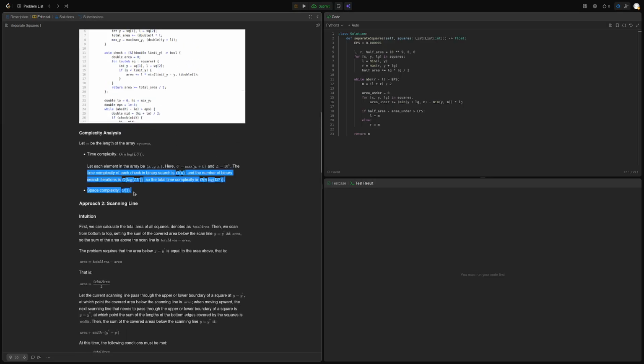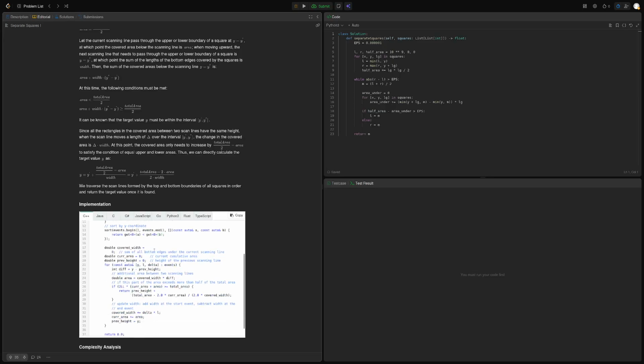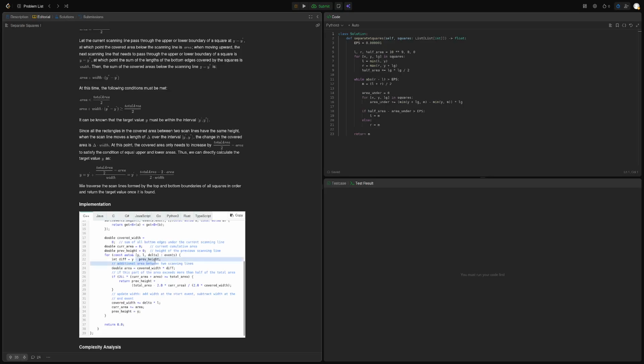Okay. I mean, if the covered part exists more than half of the total area, then we do total area minus 2 times current area divided by 2 times covered width.